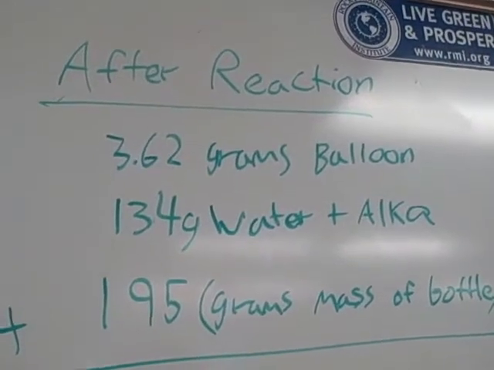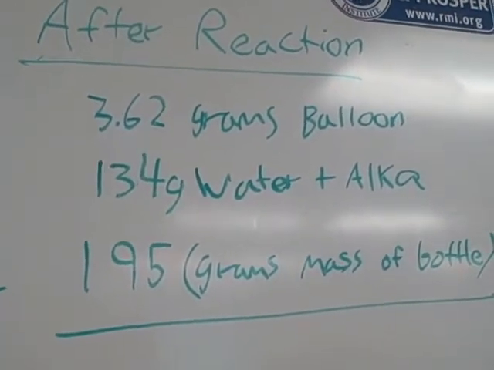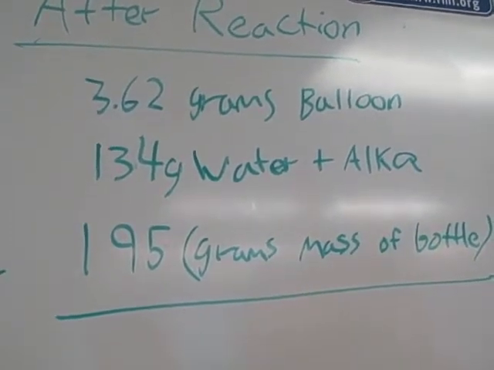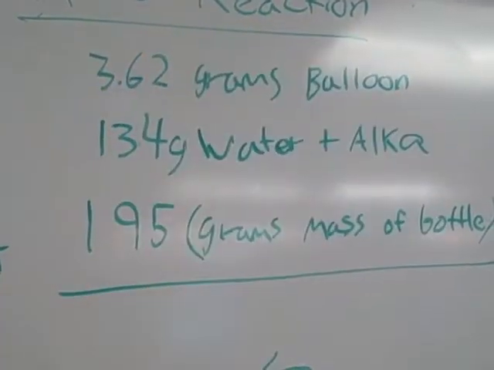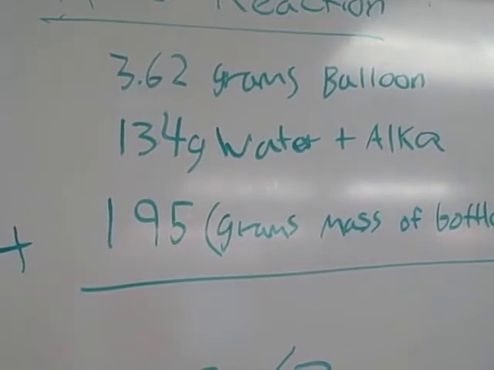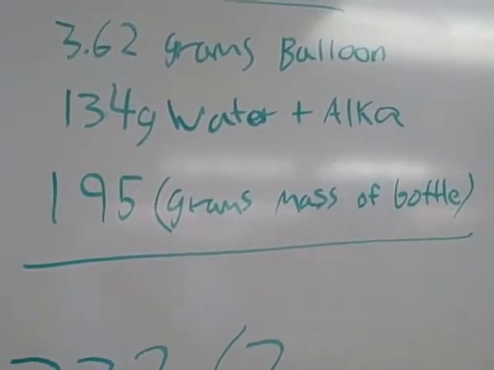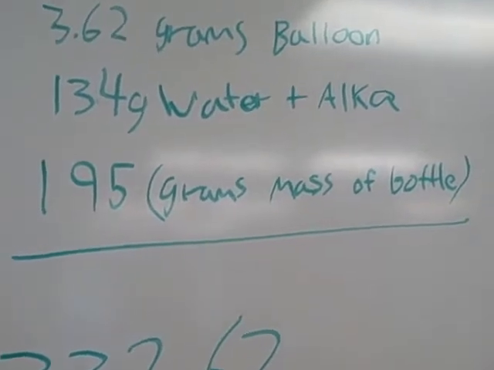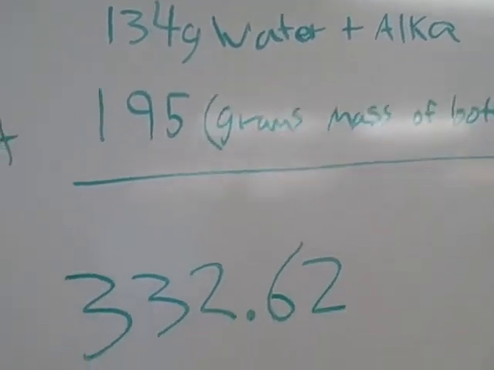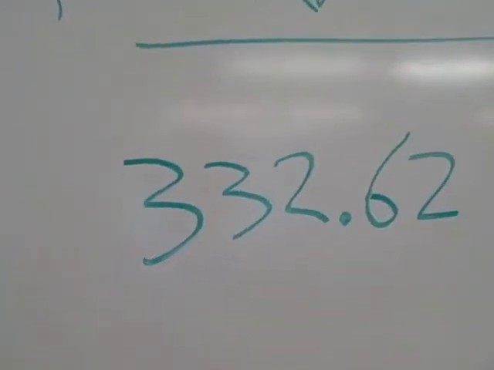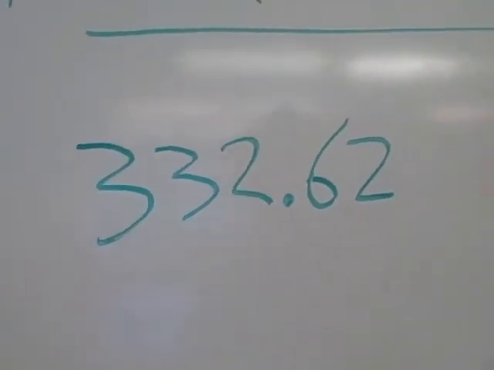Then we completed the experiment, and we dropped the water on the sodium bicarbonate, and the balloon was 3.62 grams after the reaction. We had 134 grams of water in Alka-Seltzer, and that was the water inside of the beaker after. And of course, the 195 gram mass of the bottle, which we started with, goes to a grand total of 332.62.